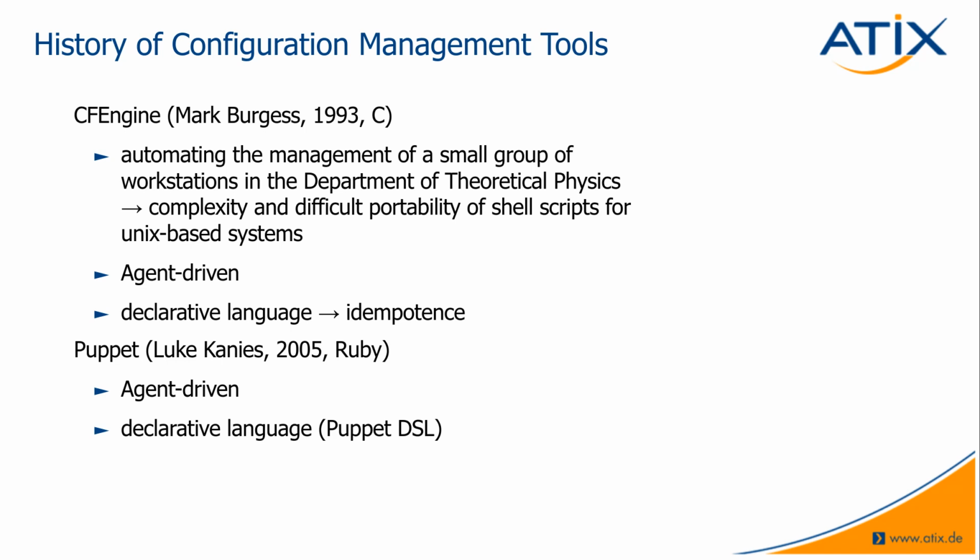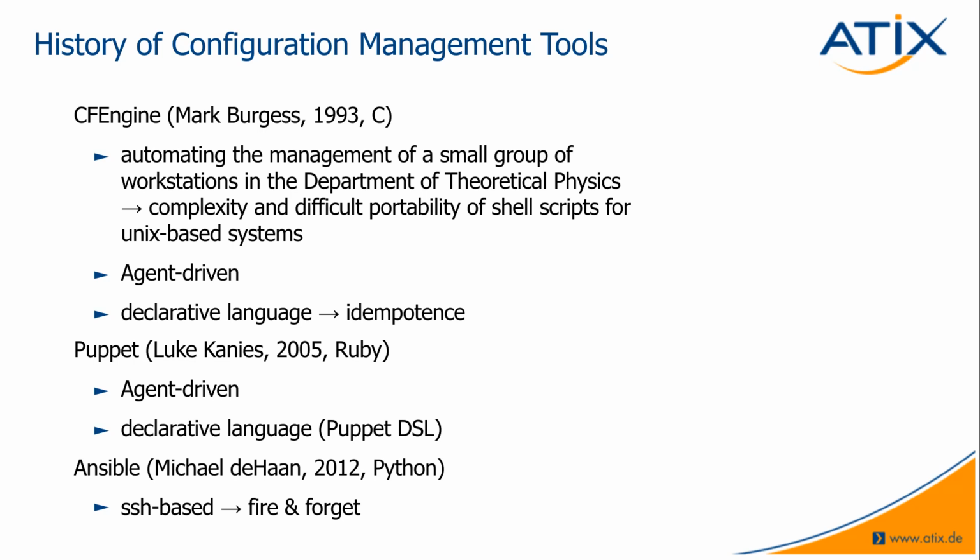So let's have a look at a different approach, which appeared in 2012. Michael DeHaan developed Ansible based on Python. Ansible is not an agent-driven system. Agent-driven systems were just pulling the configuration from a central server. Ansible pushes the configuration by SSH. So you have one server which has the configuration stored in YAML files and Jinja templates and so on.